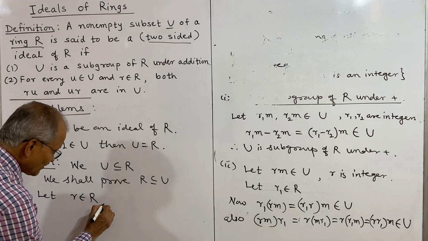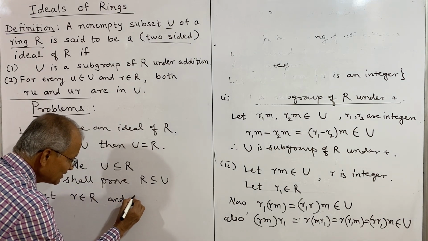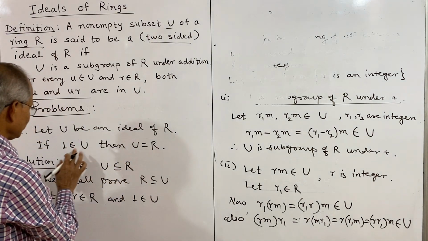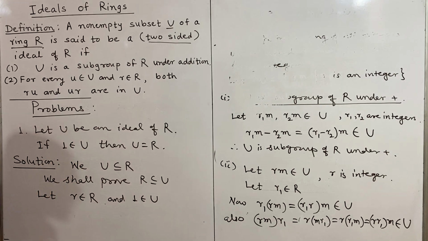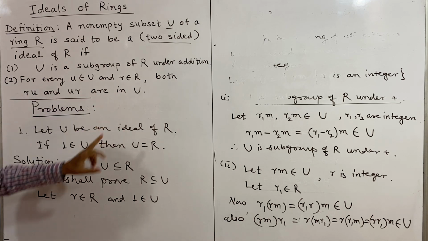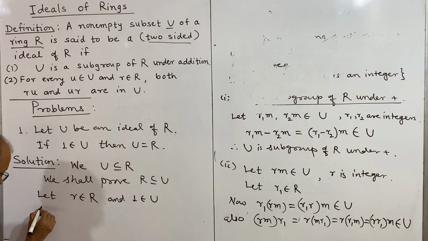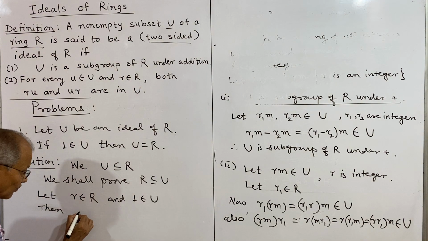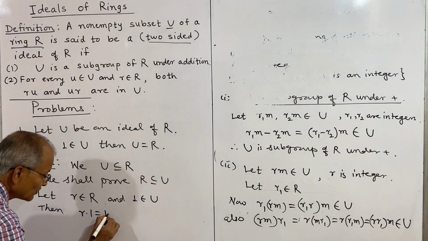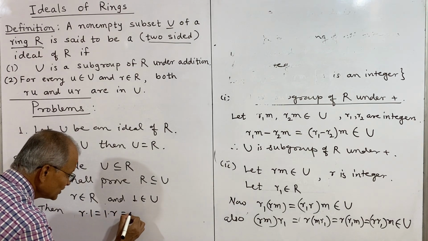and 1 is in U, that is given. Now by the second property of the ideal, their product must be in U. So what is their product? r into 1. Since U is an ideal, r into 1 is equal to 1 into r, which is r.